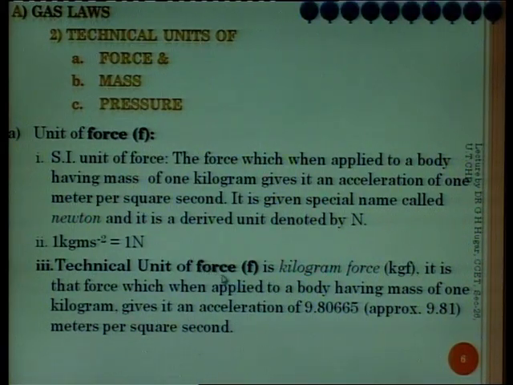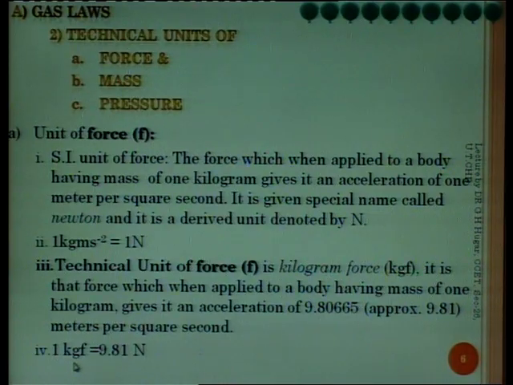However, in technical units, the unit of force is expressed in terms of kilogram force, written as kgf, but read as kilogram force. It is that force which, when applied to a body having a mass of 1 kilogram, gives an acceleration of 9.80665 meters per second square, and approximately we take this as 9.81.